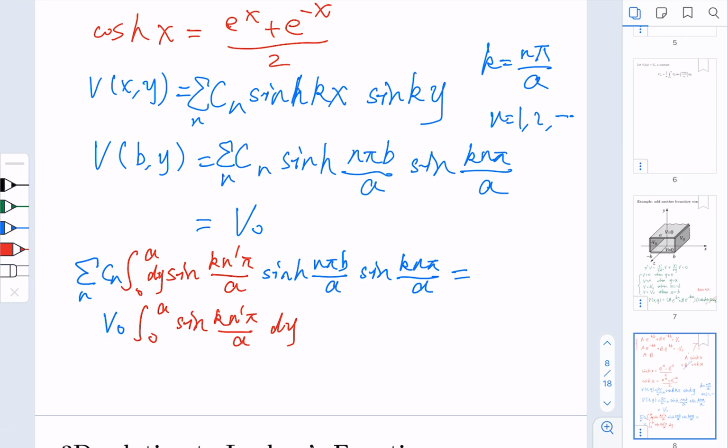And again, the trick is that this term evaluates to 0 when n is not n prime, and a over 2 when n equals n prime.